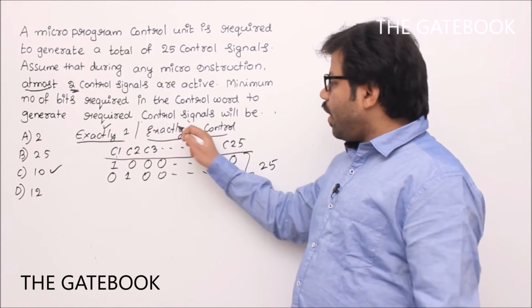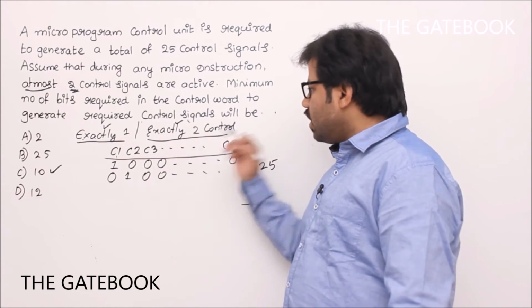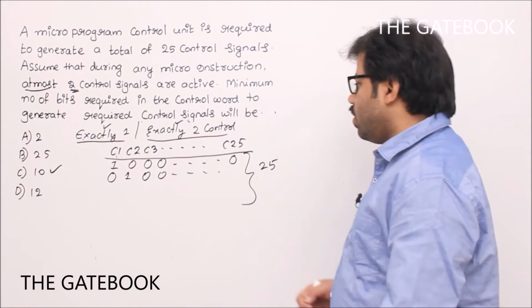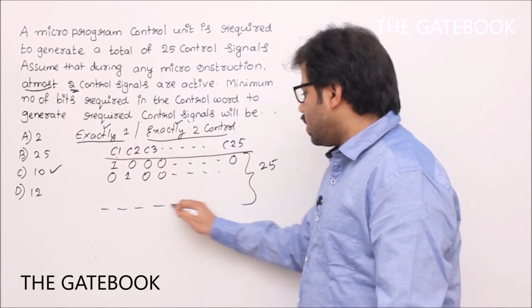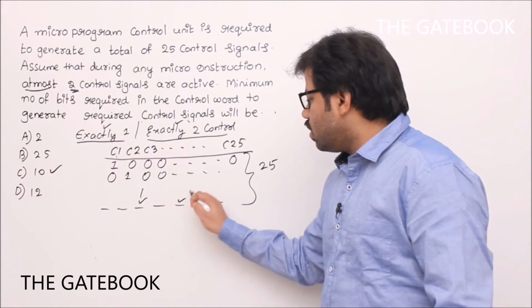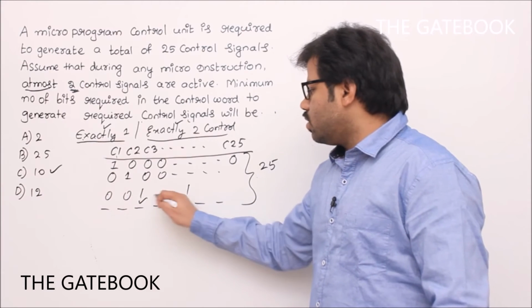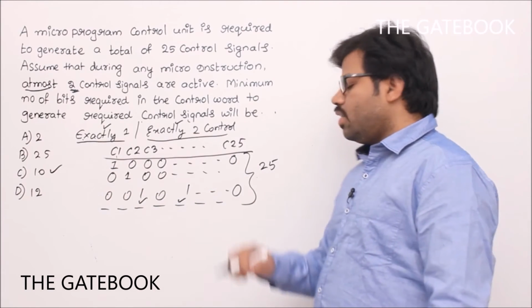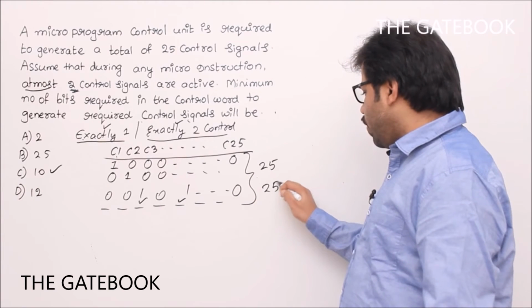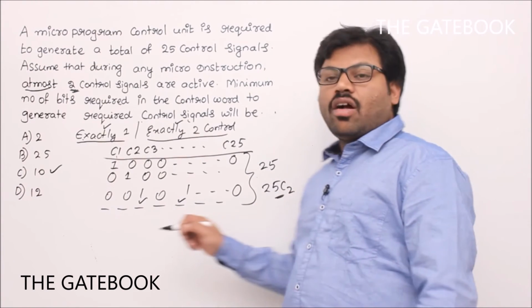Now how many binary patterns are possible which represent exactly two control signals active? Think about it, simple. There are 25 positions, right? Take two positions and write ones, and everywhere else write zeros. Then how many ways can I do that? 25 C2 ways. Please attend my combinatorics lectures.